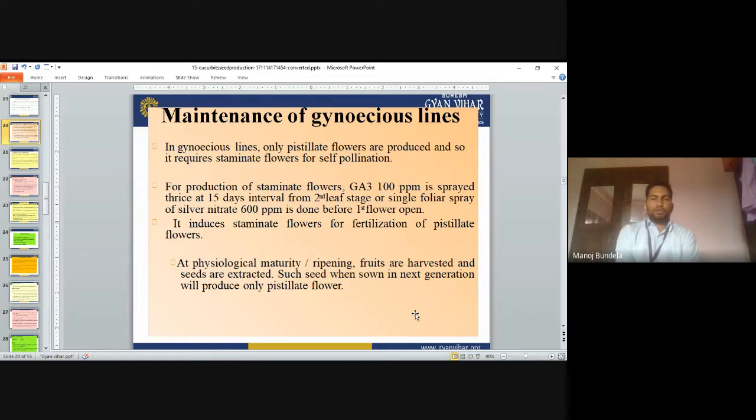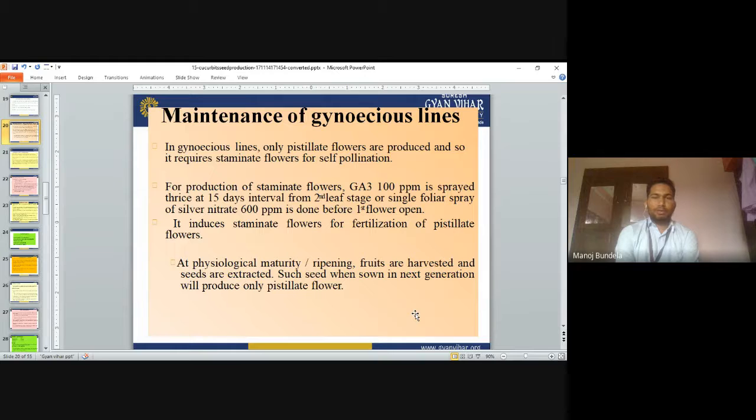So for production of staminate flowers, we will use GA3 100 ppm or silver nitrate 600 ppm at the first flowering stage. At physiological maturity, it induces staminate flowers for fertilization of pistillate flowers.